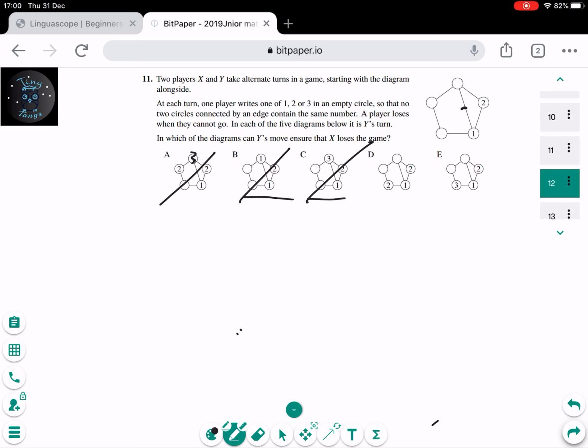And it's between D and E. If we do D first, Y can put 3 here, which makes sure that X can't put 3 or 2 or 1 here.